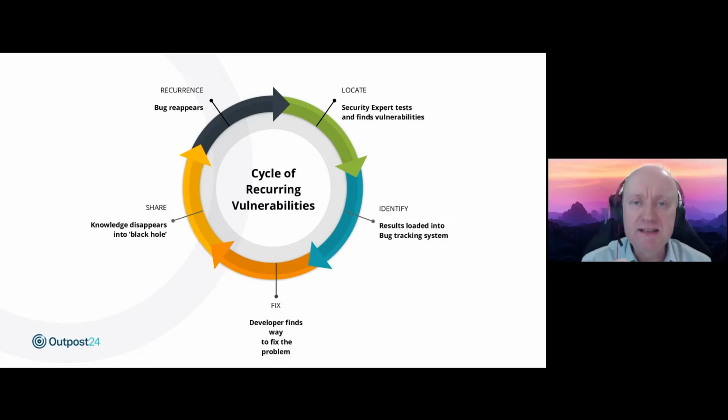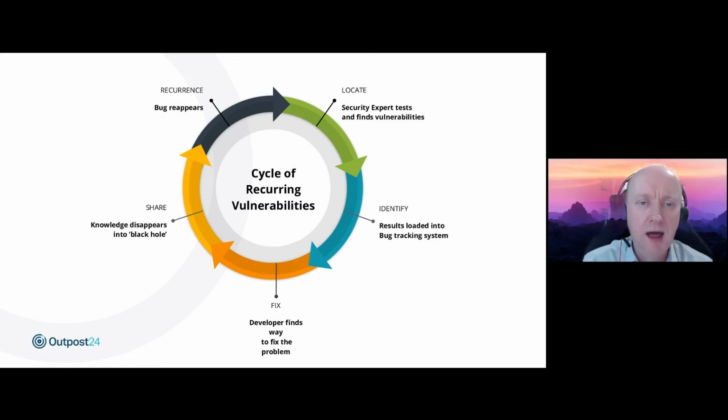Basically, if we are fixing the problems, I've seen in many organizations that we don't learn from our mistakes and learn from our findings. So in this cycle here, you can see that if I start at the top right, the security expert identifies a vulnerability that needs to be resolved.